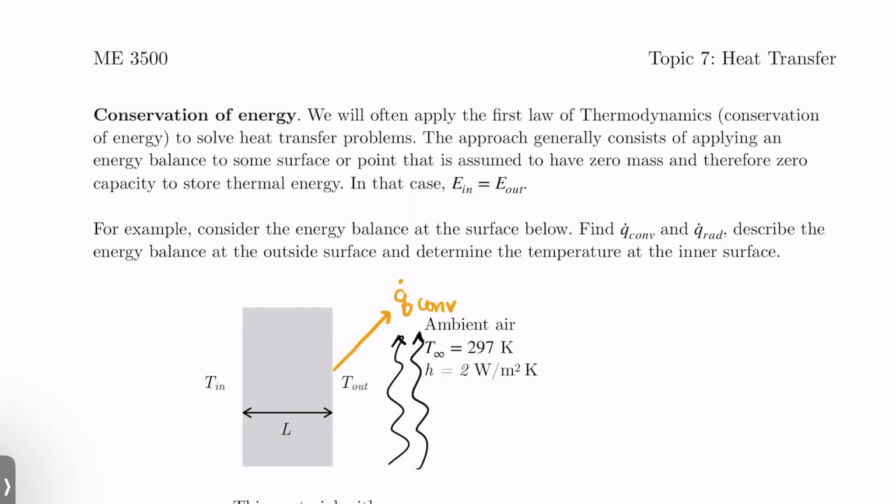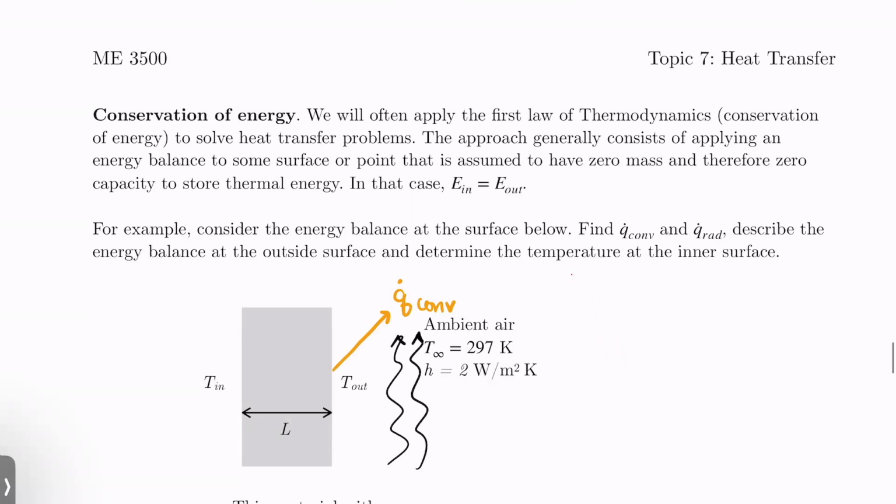We also will have radiation with our surroundings. I'm going to assume that I have my surroundings temperature the same as our ambient air. So this is 297, for radiation.